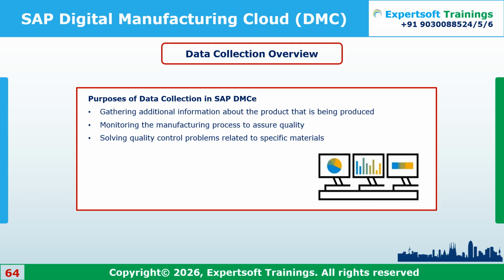Data collection overview. The purpose of data collection is gathering additional information about the product that is being produced. Okay, monitoring the manufacturing process to assure quality. From the quality point of view, we can record the non-conformance of the product, the quantity, and we can check how much is scrap and how much is defective, or how much is the actual yield, and so on, in this data collection.